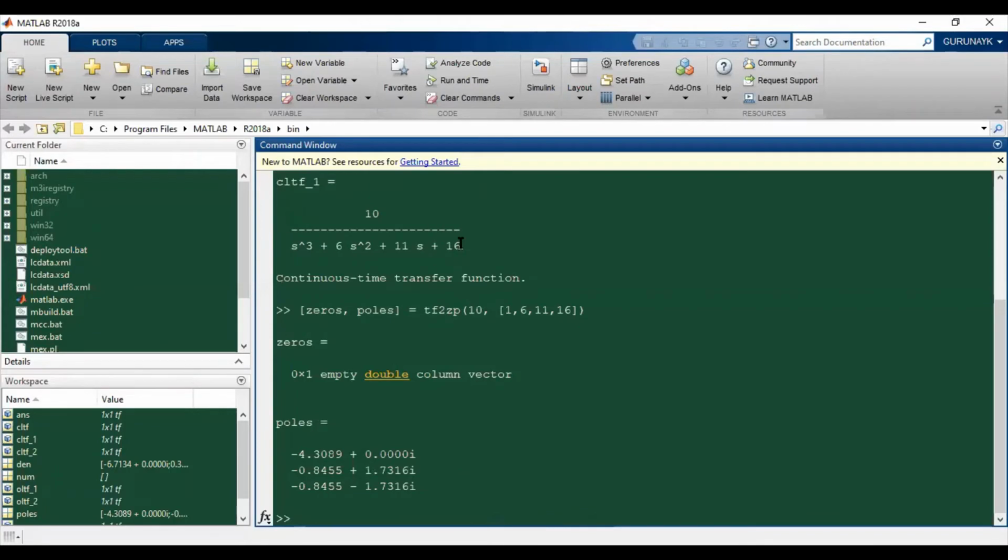It has 3 roots and all 3 are lying in the left half of the S plane. Minus, minus, minus, and a pair is a complex conjugate. This is proof that all 3 lie in the left half of the S plane. So the gain is reduced, poles are retained in the left half.